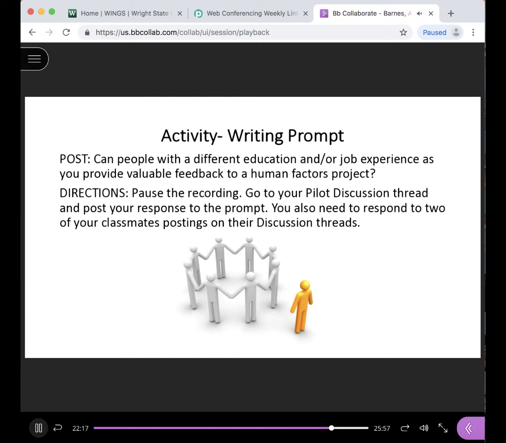Once you post yours, I would like for you to respond to 2 of your virtual classmates on their discussion threads. So again, can people with different education and or job experience from you provide valuable feedback to a human factors project? Do you value the feedback of people who have different education or job experience from you?